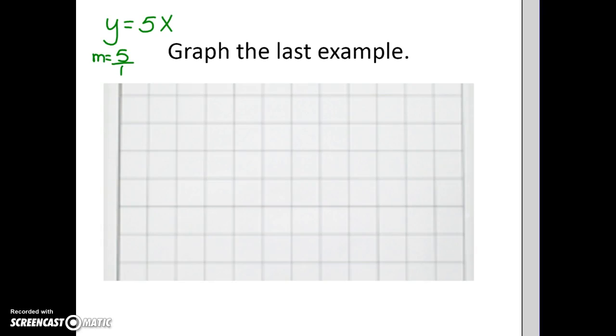And I'm going to make it a fraction by putting it over 1. And my y-intercept, we have already determined that I cannot have an add or subtract number on a direct variation equation. So my y-intercept, my b, is 0. And I'm going to put my x-axis here.